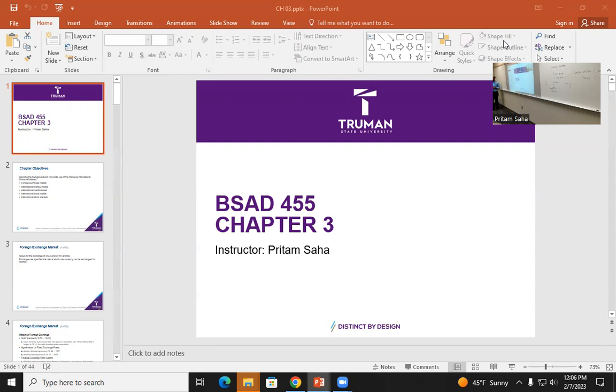Major difference: forward contract versus future contract. Forward contracts are not traded on an exchange, that's why they have counterparty risk. Future contracts are traded on an exchange, that's why they do not have counterparty risk, right? Major difference: call and put. Call is the right to buy.